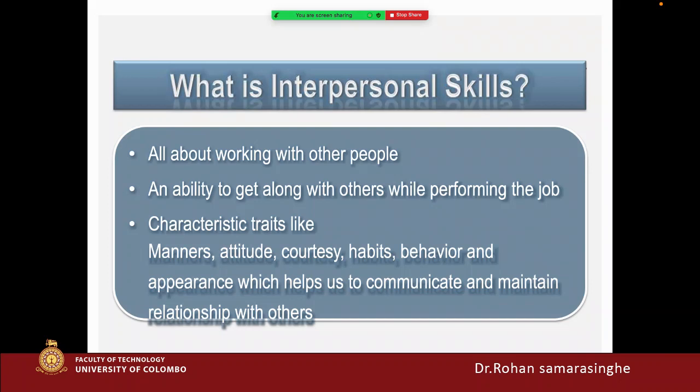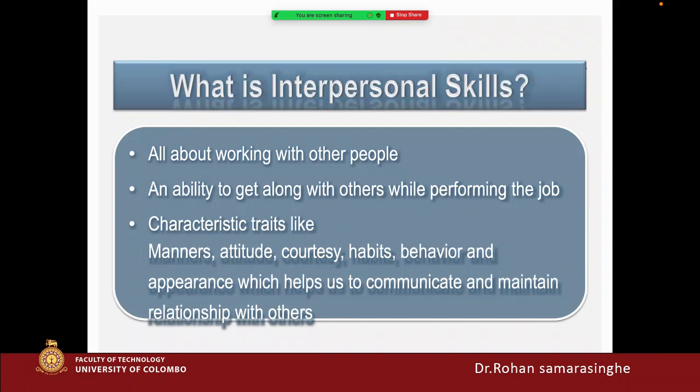You have to maintain good interpersonal skills: the characteristics, traits like manners, attitudes, courtesy, habits, behavior, and appearance, which help us to communicate and maintain the relationship with others. Understand this, the characteristic trait like manners.